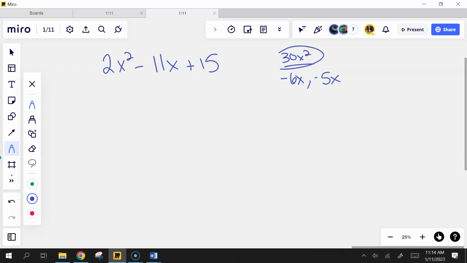It's got to multiply to this, but it's got to add to this. Now what do I do with those 2? You replace the middle term with those 2. So now I have 2x squared minus 6x minus 5x plus 15. What now?